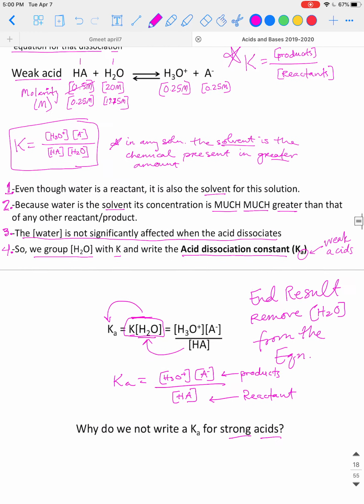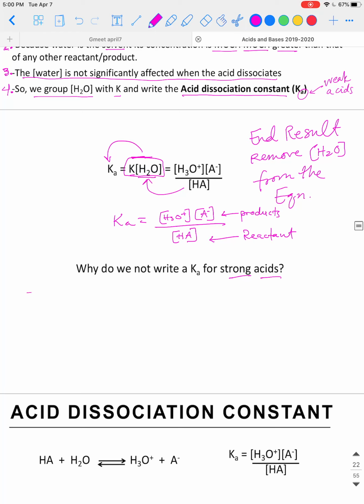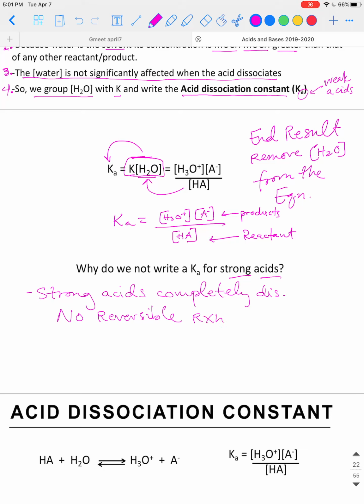So the answer is strong acids completely dissociate. There is no reversible reaction, and in parentheses, I'm going to put single arrow to help you visually remember.